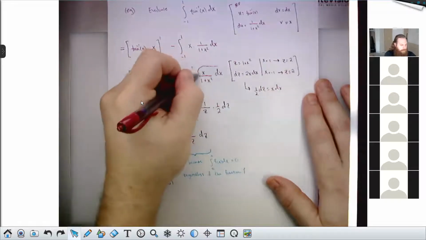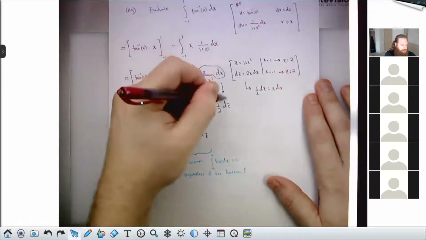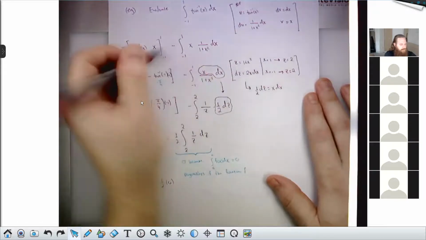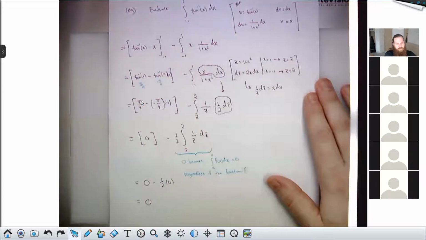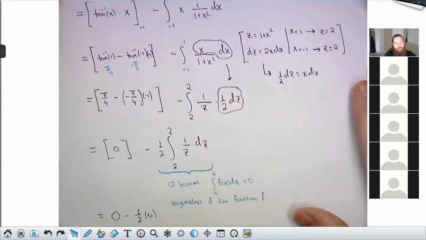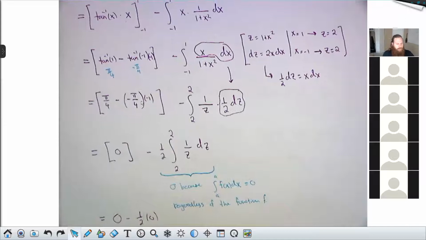So here is my x dx, and I replace that by this 1/2 dz. And then the remaining piece, the 1 over 1 plus x squared, becomes this 1 over z. Does that clear that up? Yes, much clearer. Thank you. Okay, cool. Then I won't go through this as an indefinite integral. I'll leave that for something you can do on your own if you want to.